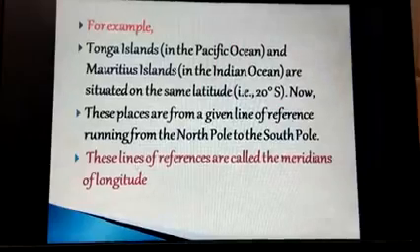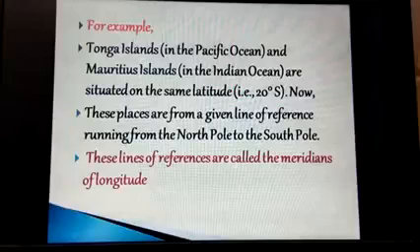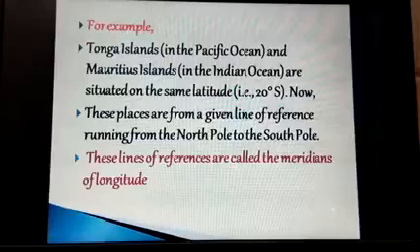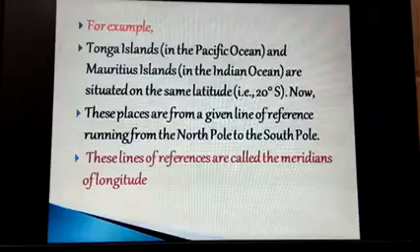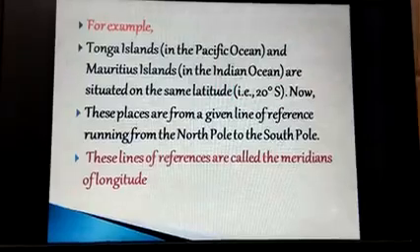Like when you read a geography book and find some difficulty, you purchase Golden. Golden is not a guide, it is a reference book. So when we try to identify places on the map, we take some lines as a reference, known as lines of reference. If we take longitude, it is known as meridian. If we take latitudes, it is called parallels.